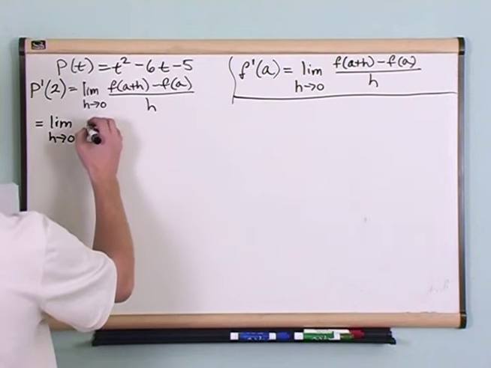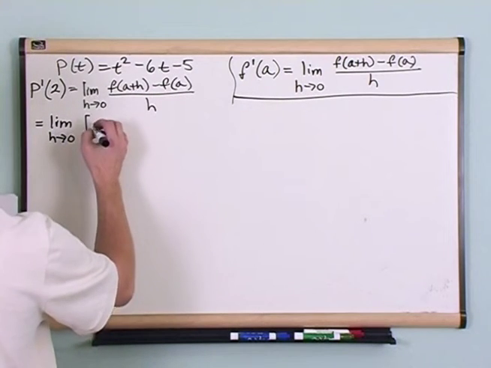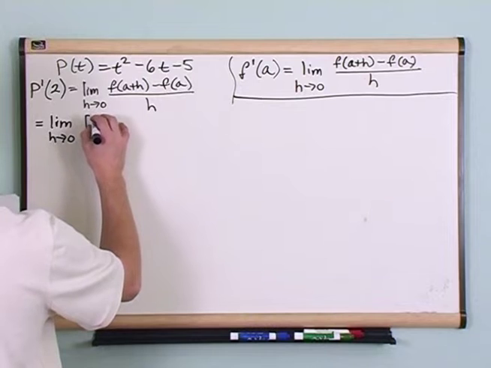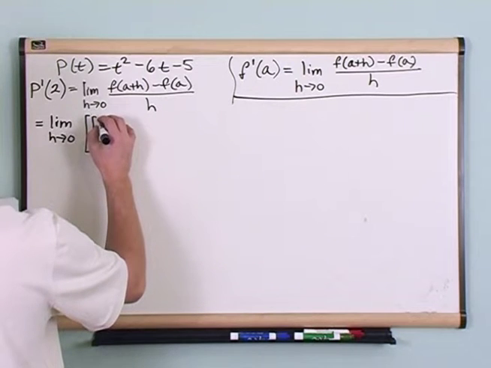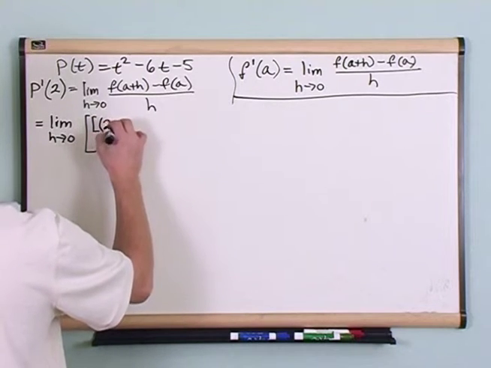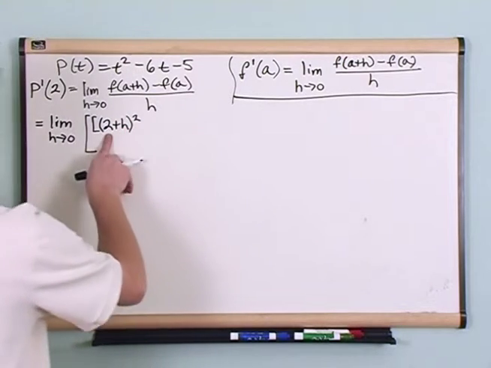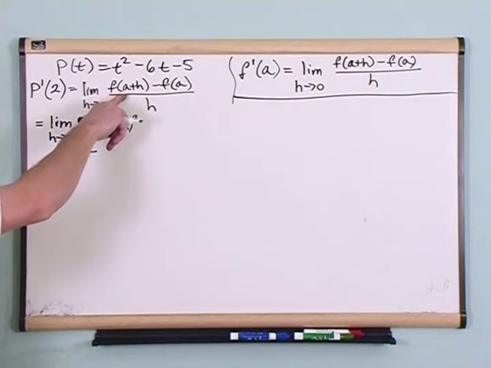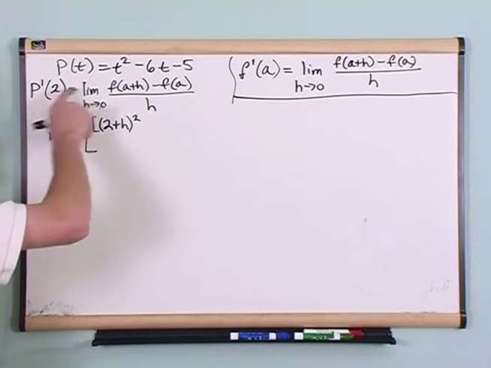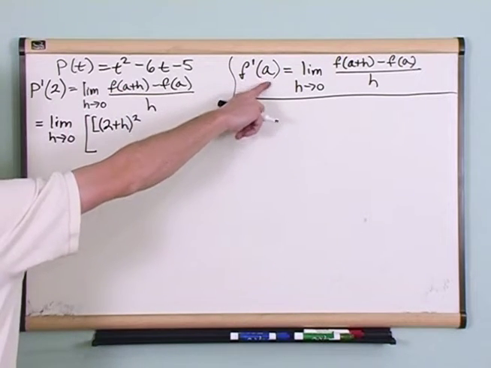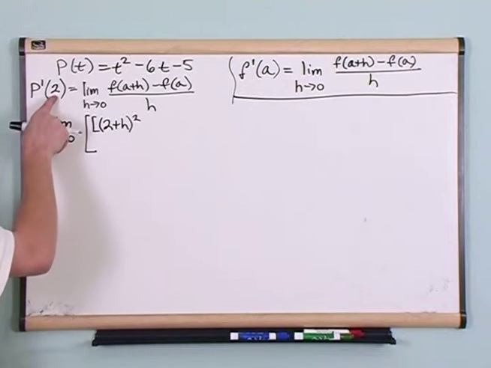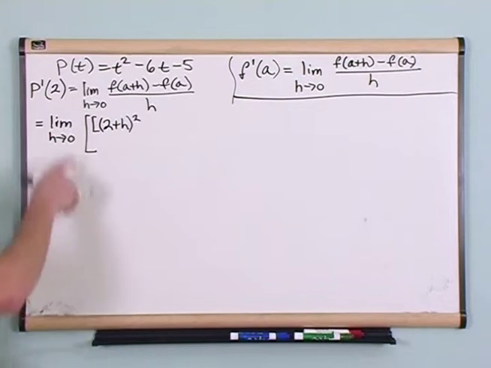So what I'm going to have is 2 plus h squared. Why 2 plus h? Because remember, the derivative here, this formula, is defined at the point A. That's the point you're interested in. Here, I'm interested in finding the derivative at the point x equals 2.